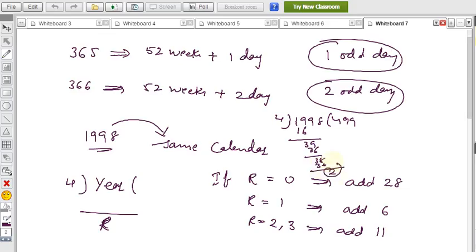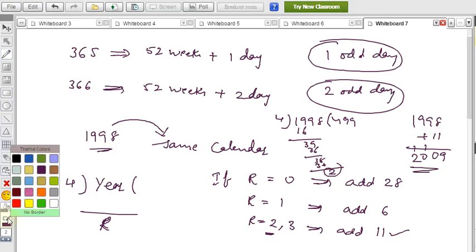So the remainder is 2, so we should add 11. That means 1998 plus 11 gives 2009. So 2009 will have the same calendar as 1998. This is the method. Just remember this box, and according to the year we'll get it.